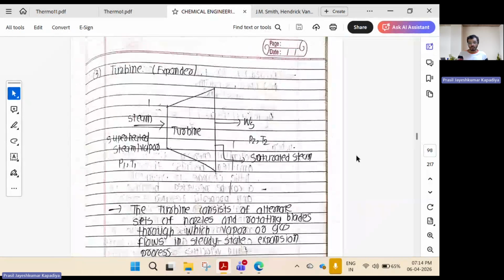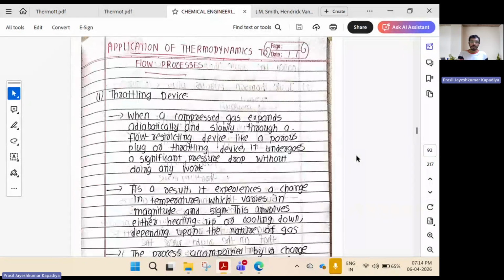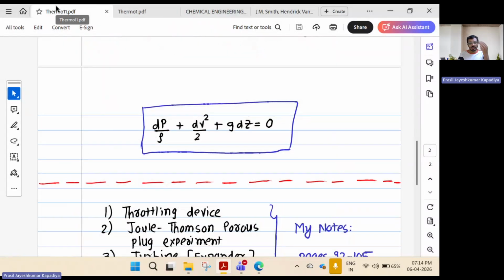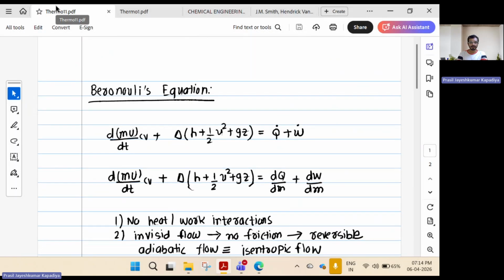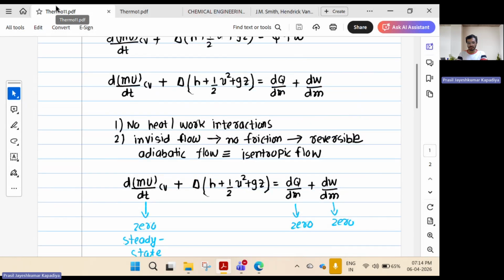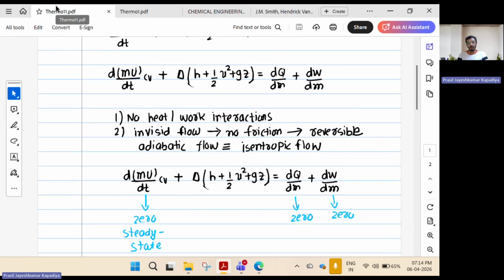We have completed one very important part, the throttling device. Let's first go through what we did. In earlier classes we derived the first law of thermodynamics for an open system, and from there we derived the Bernoulli law with the assumption of no heat or work interaction. So these two terms are zero, and at steady state this term is also zero.